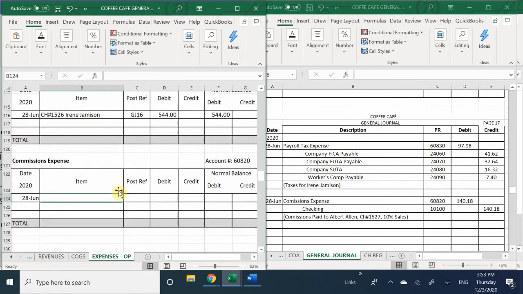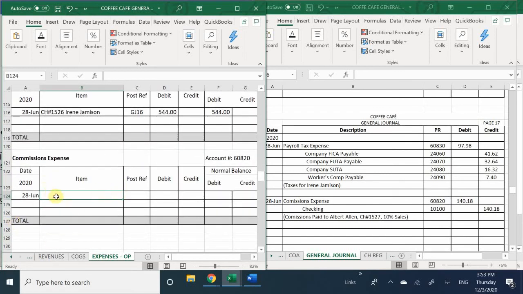And we'll note his name again, Allen, 17. And this is going to be in the debit column for the 140.18.